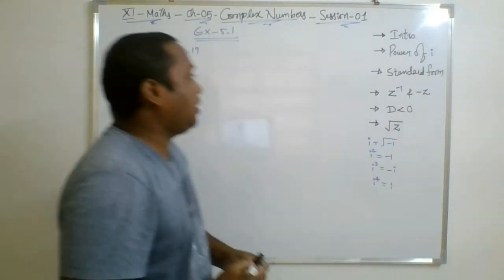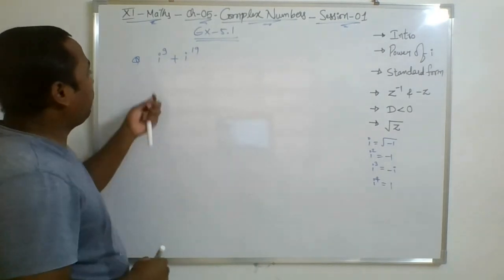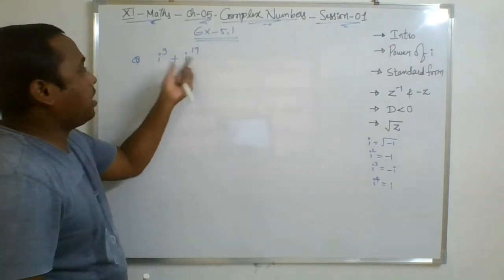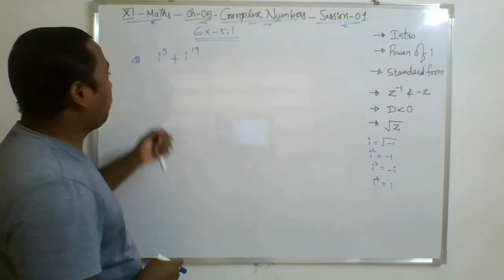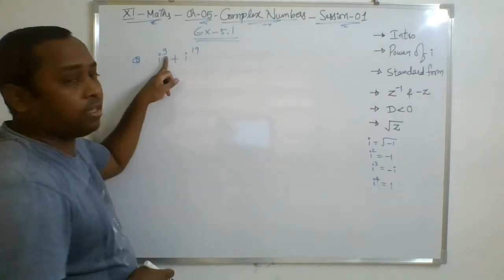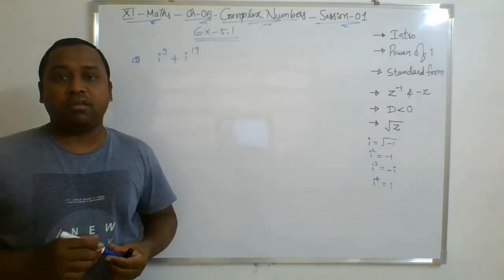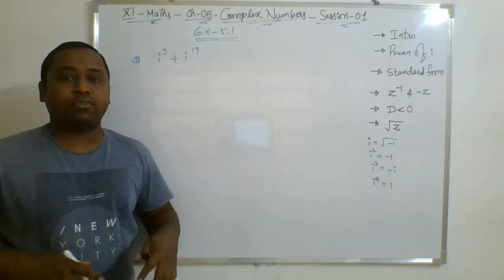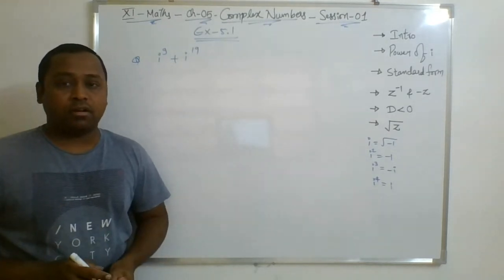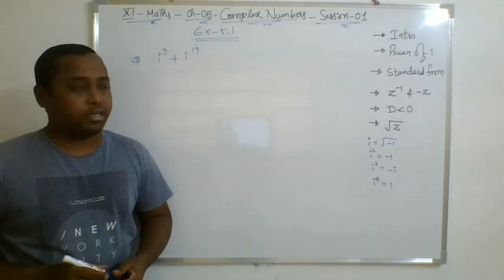Now you can see what I will do first. i power 9 and i power 19. First I will try to split the power into multiples of 4. In multiples of 4, it would be very easy to write the answer thereafter, right?